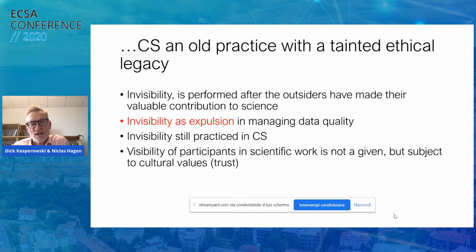That means that citizens or volunteer contributors are made invisible in certain aspects of the research process, probably in publication, but maybe also earlier, so that the work done by volunteers is not recognized in final publications. And also when data is shared between projects, citizens are not acknowledged for their work. Next, please.